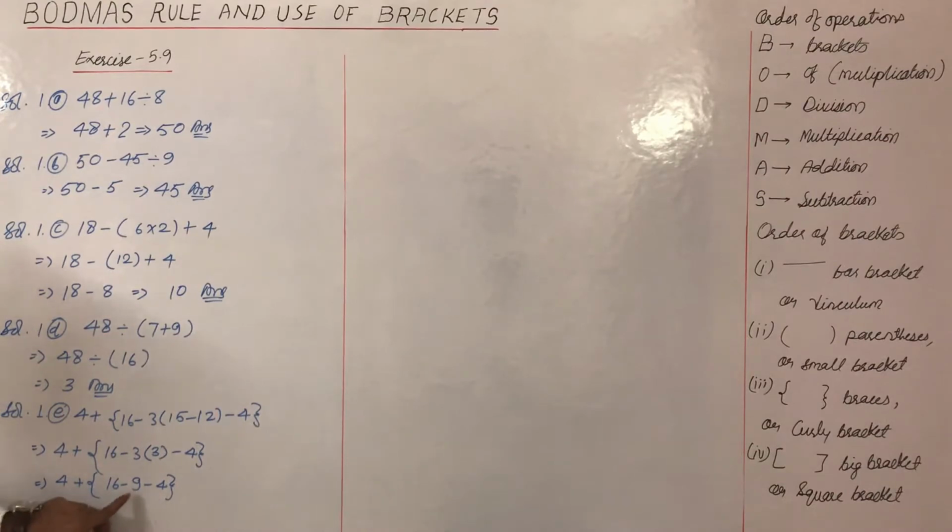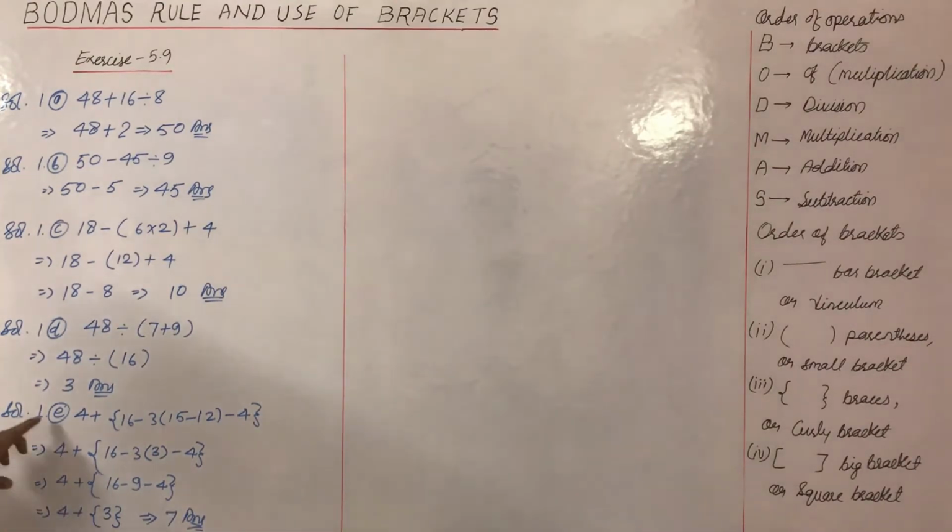So subtraction inside the curly bracket, it means we'll solve this part first. So 16 minus 9 is 7, 7 minus 4 is 3. So the value is 3. So 4 plus 3, in the last step, 4 plus 3 means 7 is the final answer.